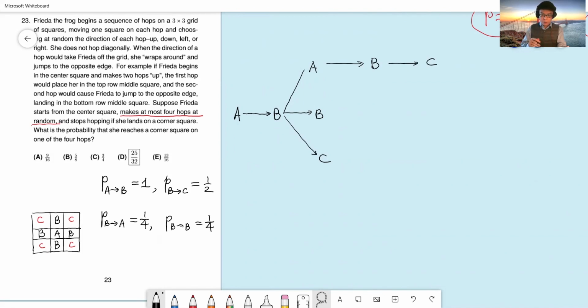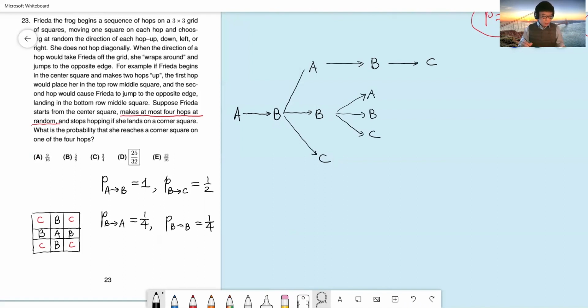And now let's consider the second case, B to B. From here, B to B, we have 3 cases: B to A, B to B, and B to C. So here, we already have three jumps.